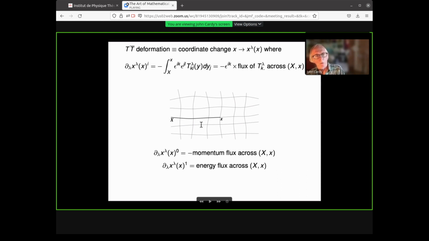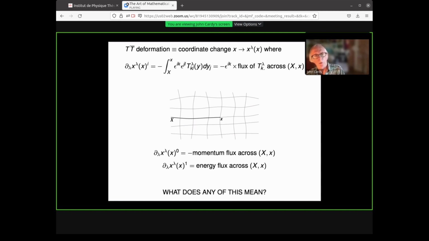In normal quantum field theory terminology, if we choose to quantize on this edge-like curve here, then the change in the time coordinate would be minus the momentum flux between x and X, and the change in the space coordinate would be the energy flux.